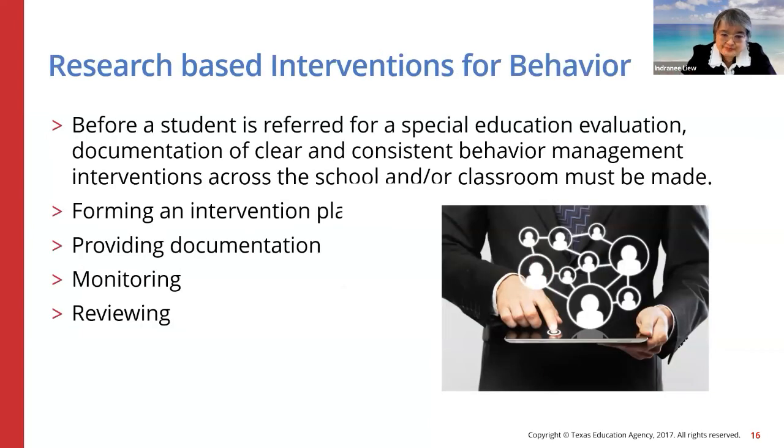Okay, now when you want to do behavior intervention, that means you want to change the child's behavior or modify the behavior. What happens is that, first of all, you need to discuss with the teachers, and then identify what the problem behavior is.